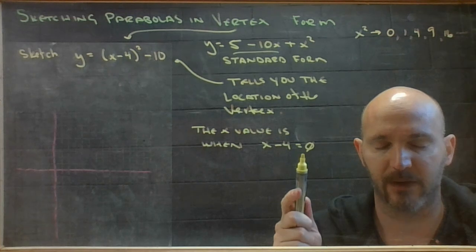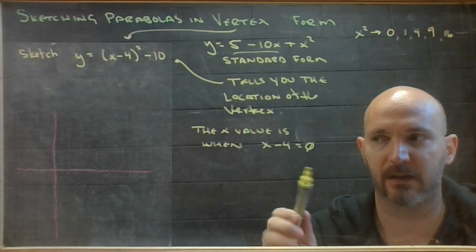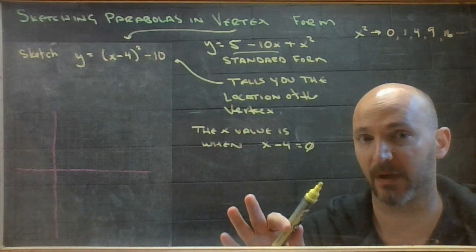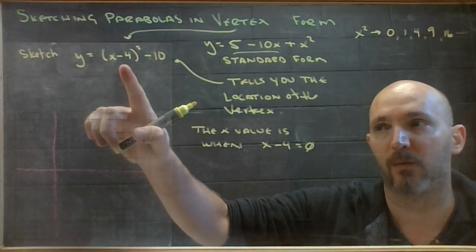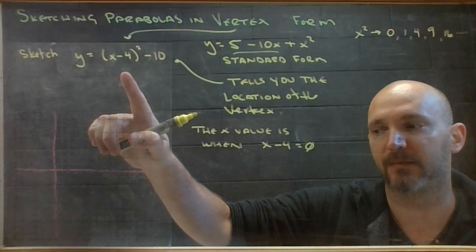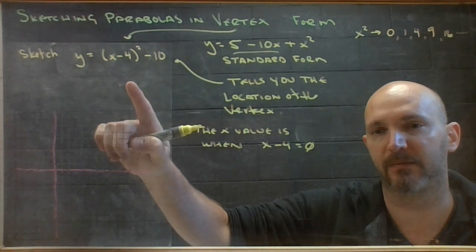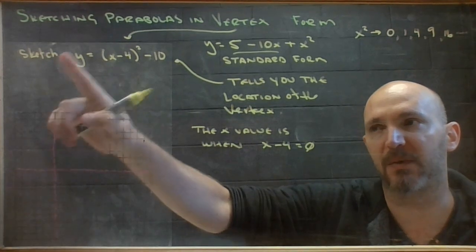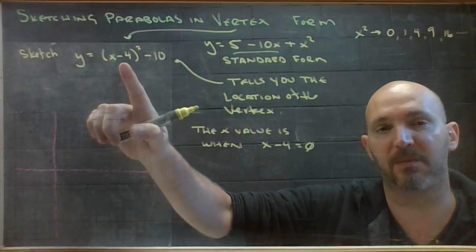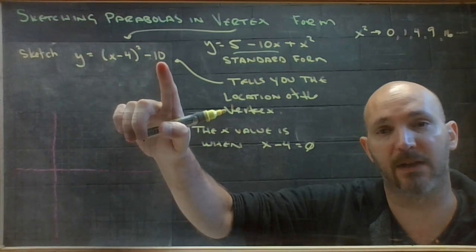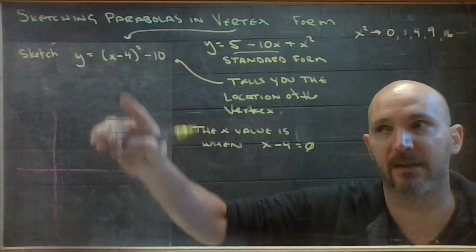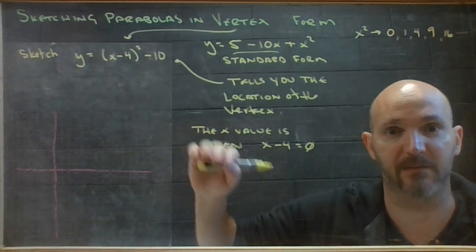Now, if you want to think about it for a minute, and don't fixate on this, it's just for your information. When you square something, you always get a positive number. So this thing is always positive, which means this graph is always going to be more than whatever this number is in the back, right? This tells you to start at -10 and put a positive thing on there from there.